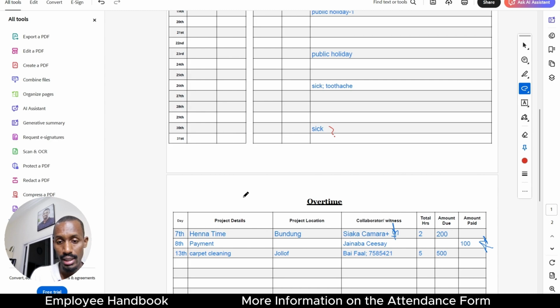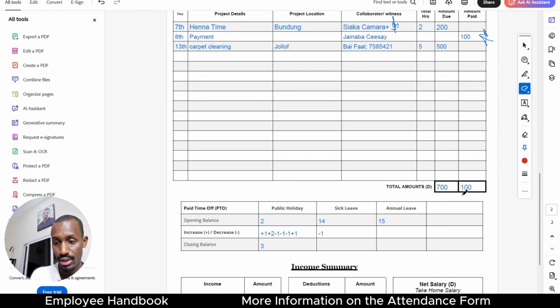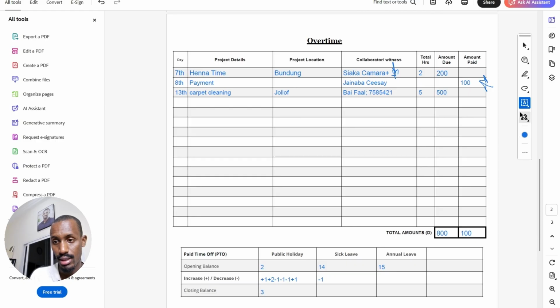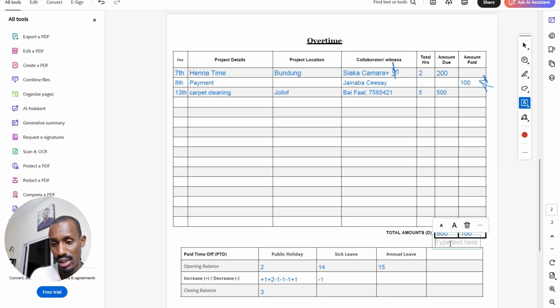And if you put here 800, and the verifier notices that this is supposed to be 700, the verifier will use their red pen, and they will not even scratch. They will just write just beside where you wrote your entry, their 700.